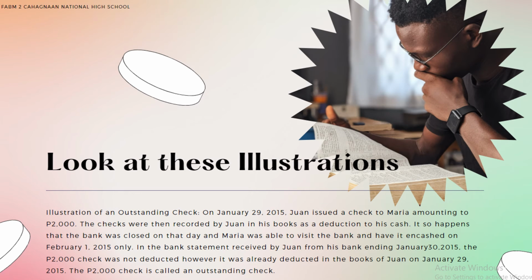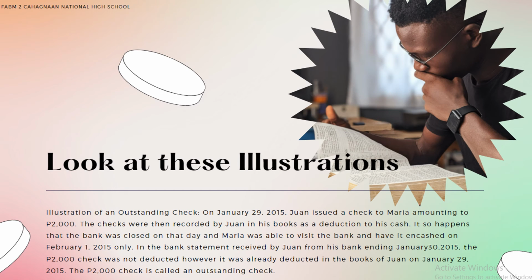Okay, so here is the illustration of outstanding check. On January 29, 2015, Juan issued a check for Maria amounting to 2,000. The check was then recorded by Juan in his books as a deduction to his cash. It so happens that the bank was closed on that day and Maria was able to visit the bank and have it in cash on February 1, 2015.